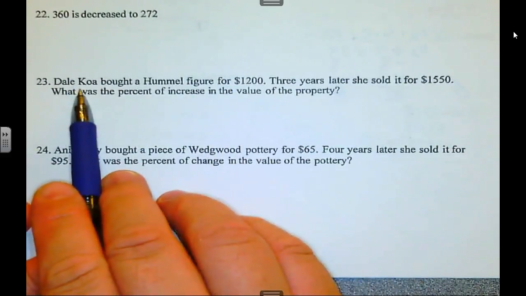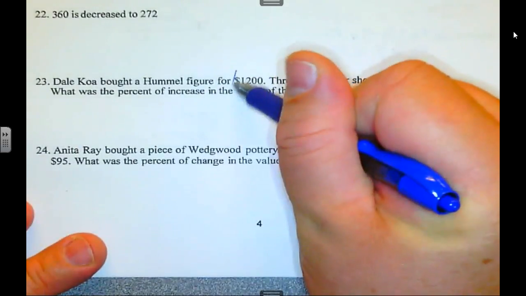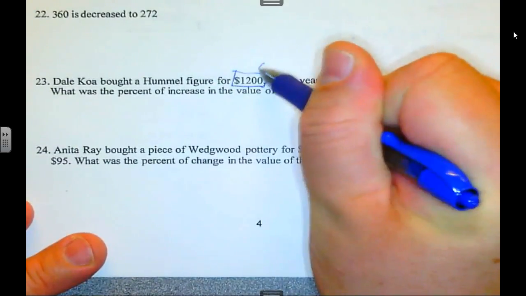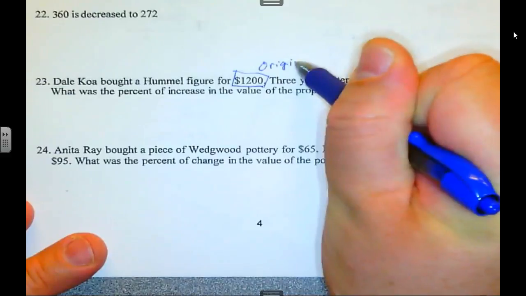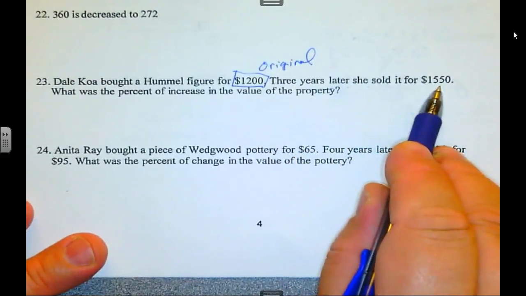Okay, Dale bought a Hummel figure for $1,200, so that's my original, right? Three years later, she sold it for $1,550.